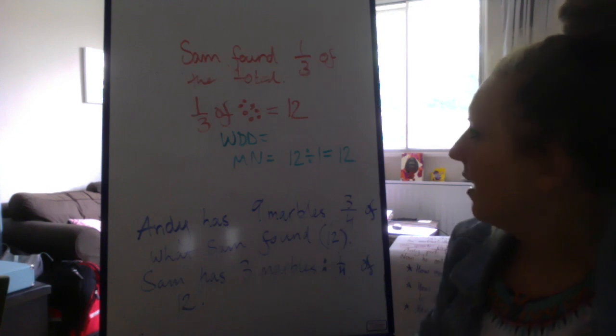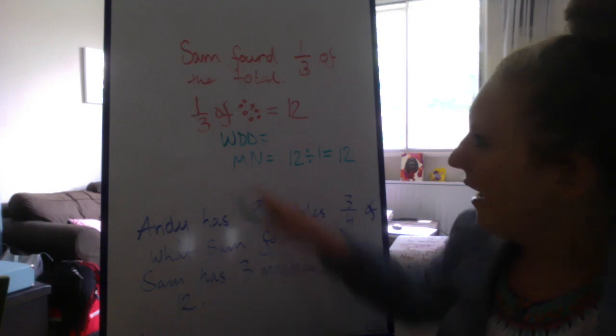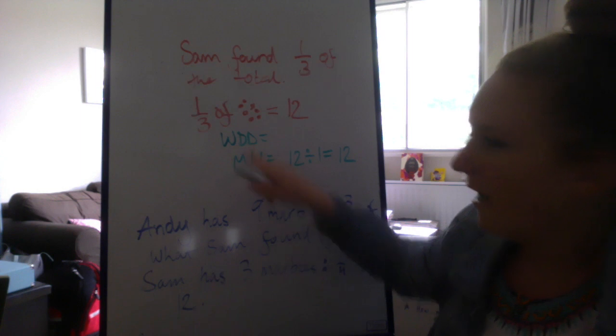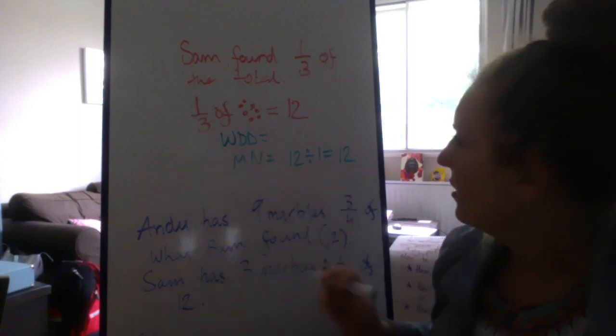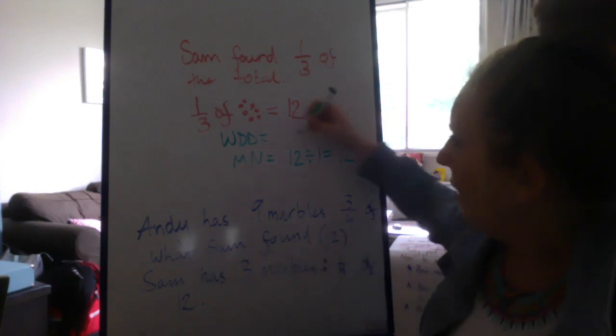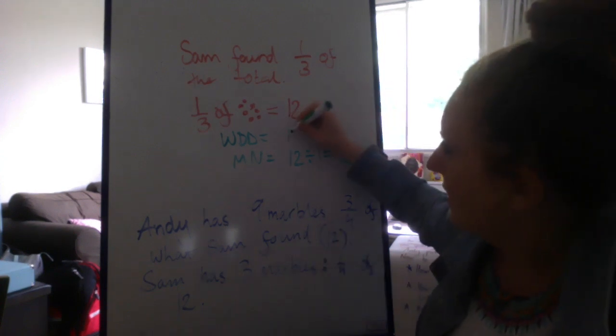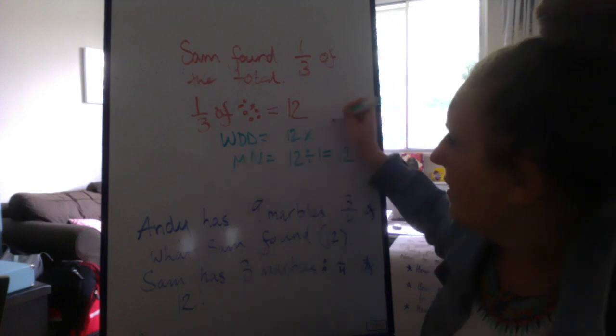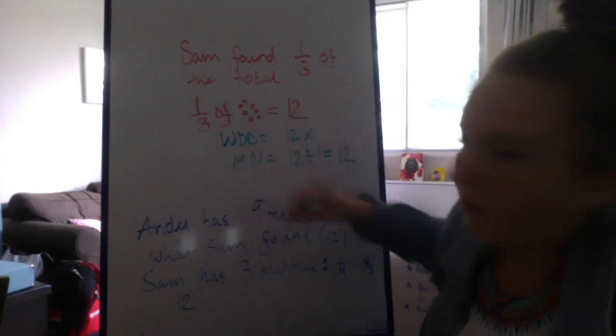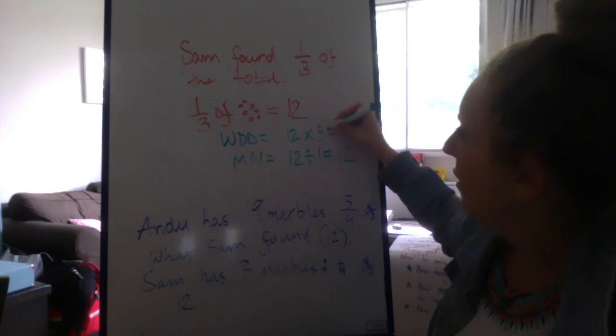Super. Now we're going to have to figure out that whole divided by the denominator. So in this case, we still have 12, but instead of dividing, we're going to times by our denominator. So 12 times 3.